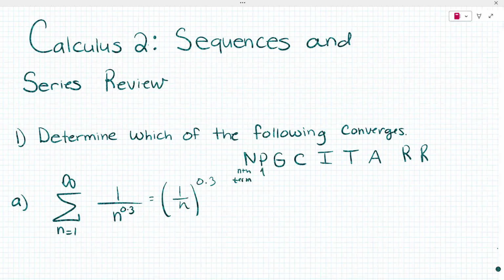The P stands for p-series. I think we'll do that because we can write it as a p-series, right? The G stands for geometric. C stands for comparison. The I stands for integral.